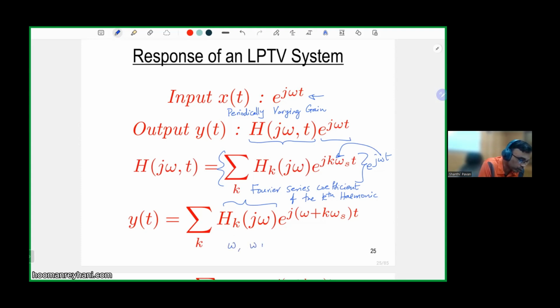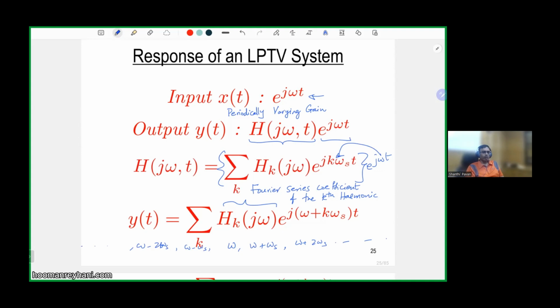You should expect to see omega plus omega s, omega plus 2 omega s, omega minus omega s, omega minus 2 omega s, and so on. So you will see all frequencies of the form omega plus k omega s, where k is an integer. Does that make sense?